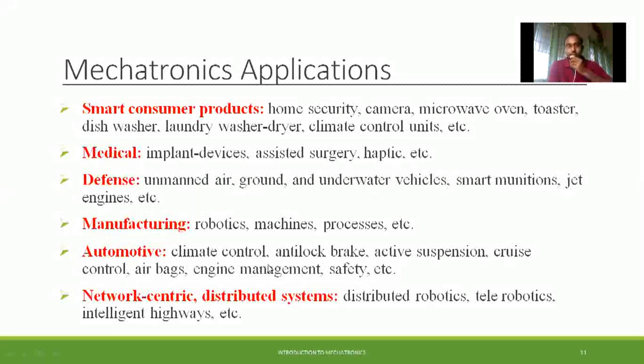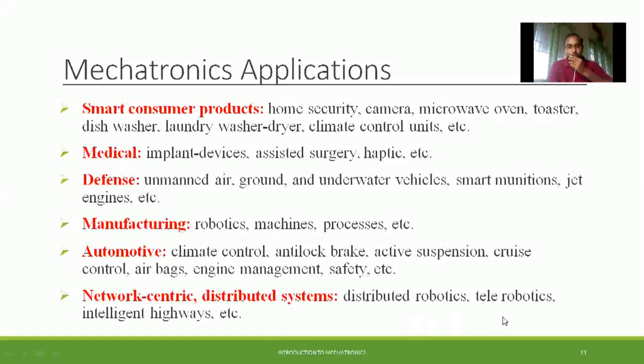Some of the components utilized are for measurement of atmospheric conditions, climate control, the anti-lock braking system, active suspension systems, cruise control systems, opening and closing of airbag systems, engine management, and some safety precautions in automobiles, and network-centric distribution systems.